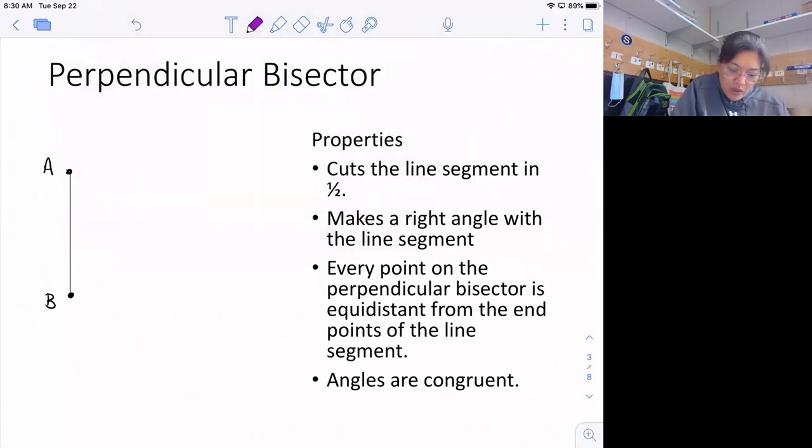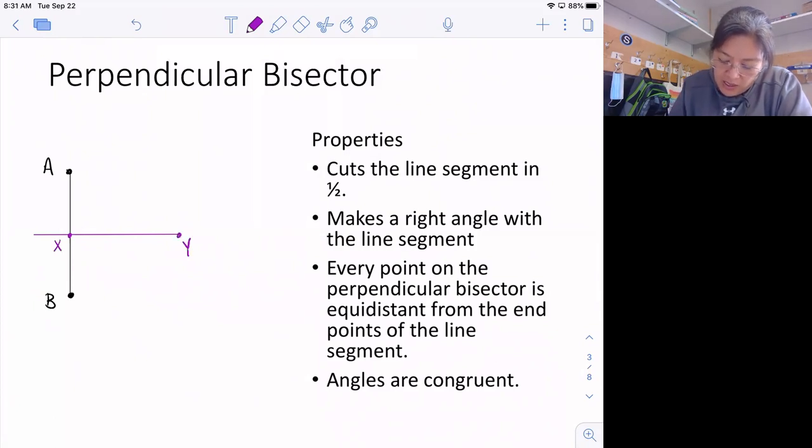We are going to cut this line segment in half. I'm sitting at an angle, so that's a really bad line, so let's redo it. So we're cutting AB in half with this line segment, and I'm going to call this XY, and XY cuts AB in half.